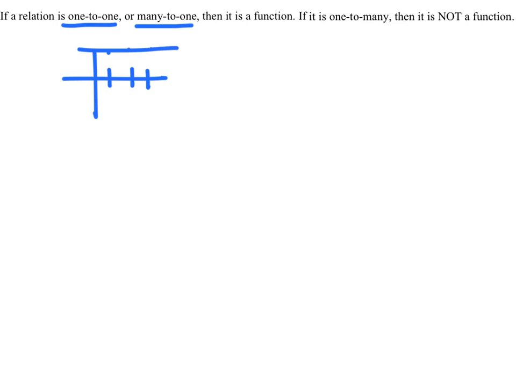If it's one-to-one or many-to-one, then it's a function, right? Every input has one output. But if it's one-to-many, so if my one x value has many different y values, then it's not a function. So one-to-one, many-to-one, and one-to-many are terms you might think about when you're defining if something is a function or not.